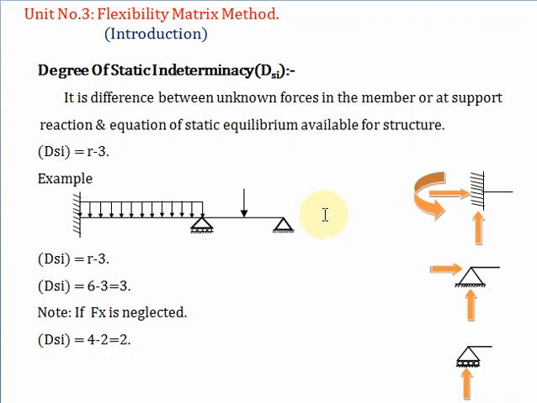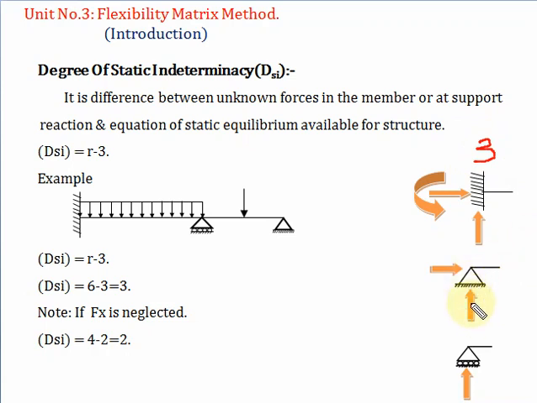Okay. Now here the support is fixed support. So for fixed support there are 3 reactions, one in x direction, another in y direction, and third one is the moment. So for a fixed support, degree of static indeterminacy is 3.